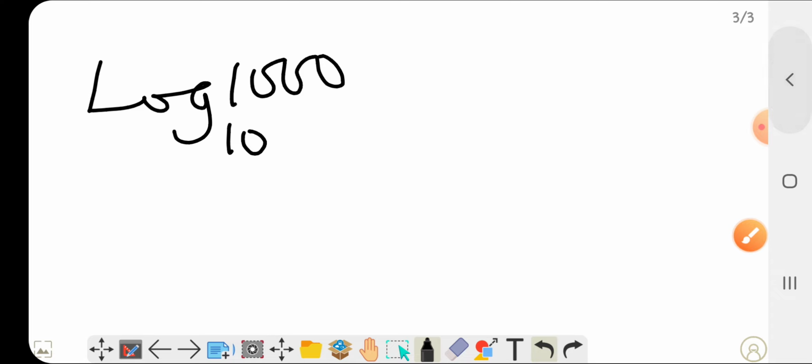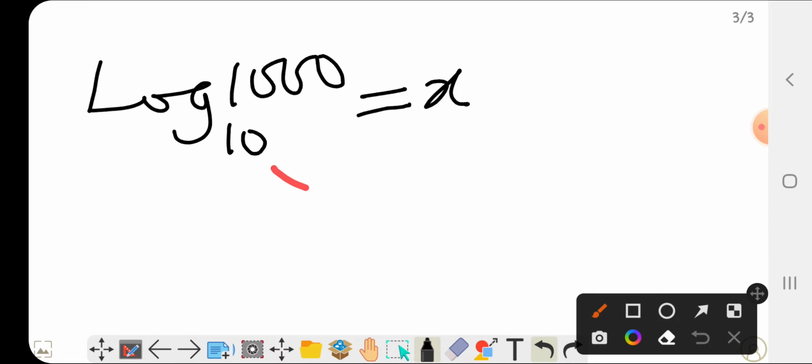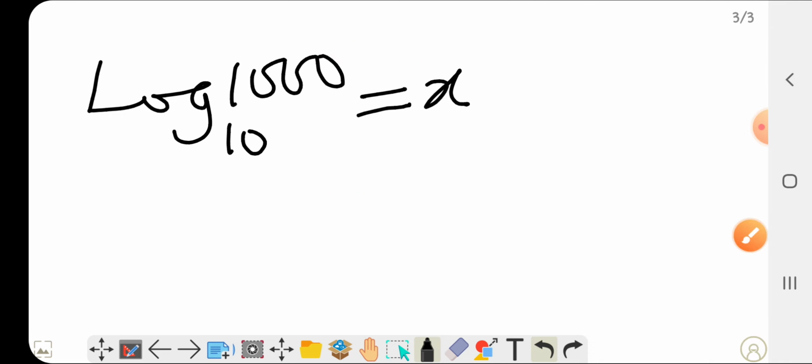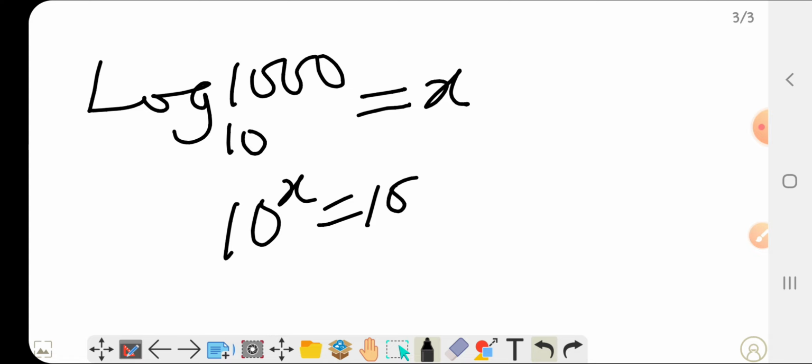So do the same thing you did previously. Let that power you're looking for be x. So we say 10 raised to power x must give 1000. Then you write it out as an exponential equation, the same way: 10 raised to power x equals 1000.